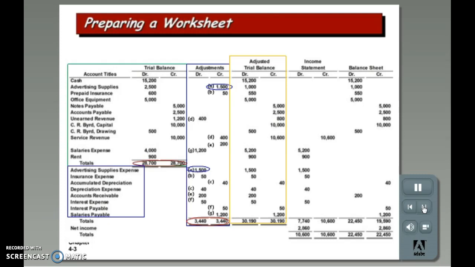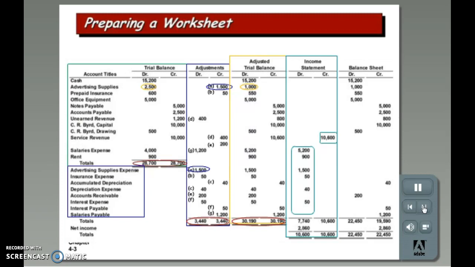Next, the adjusted trial balance is presented. Note how the unadjusted balance of advertising supplies is $2,500, and after the adjustment of $1,500, the adjusted amount is $1,000. The adjusted trial balance contains equal debits and credits of $30,190. The income statement column reflects the revenue and expense accounts.